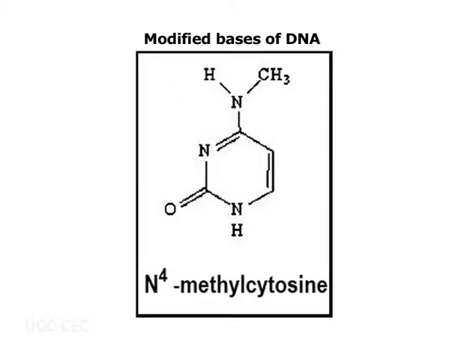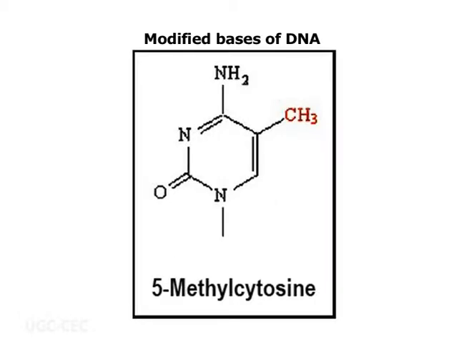Similarly, the enzyme abbreviated as M4C catalyzes the transfer of a methyl group to the amino group present at carbon 4 of cytosine. Whereas the M5C methyltransferase catalyzes the transfer of a methyl group to position 5 of cytosine.